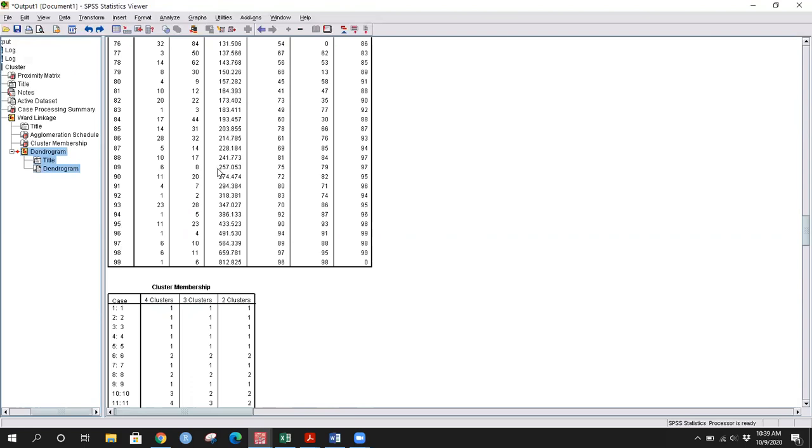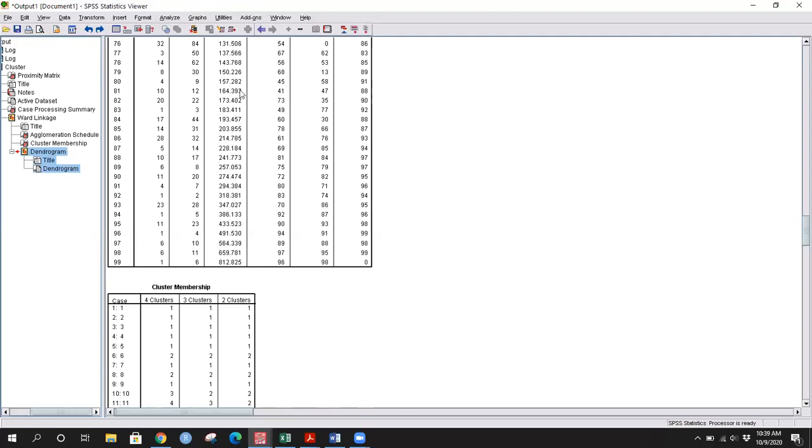The stopping rule is when there is a large difference between the coefficients of 2 consecutive stages. This suggests that the clusters being merged or successively joined are increasing in heterogeneity and are too different to form a homogeneous group. Thus, it would be ideal to stop the clustering after that stage.